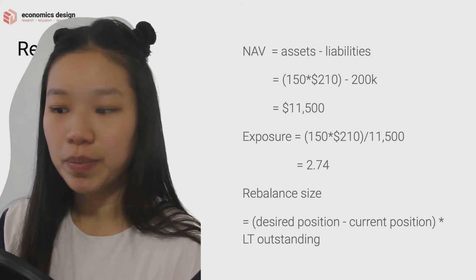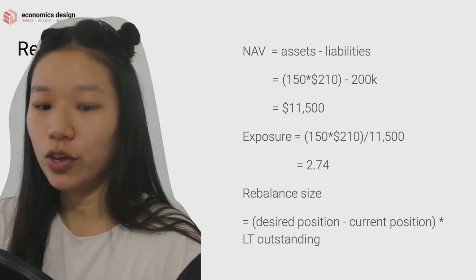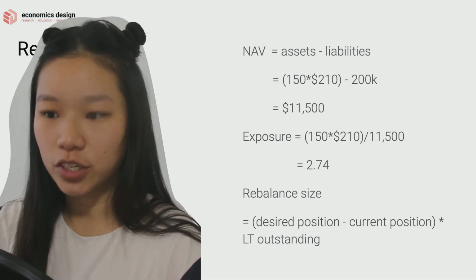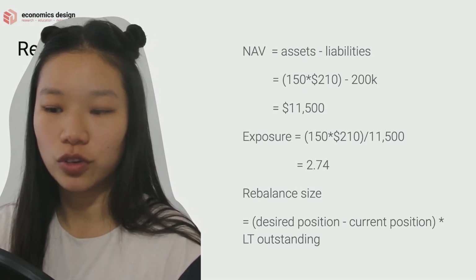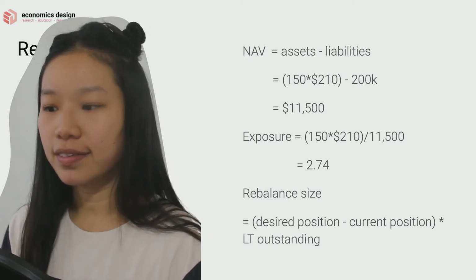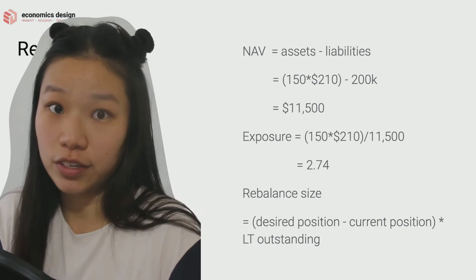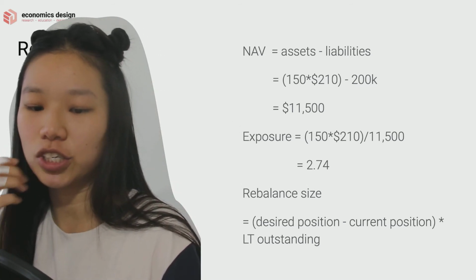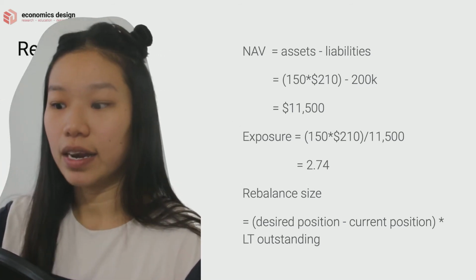That's your desired position. Ideally, to get 3 times leverage, you need 164.2. But your current position is just 150 ETH per token. So your rebalance size is simply 164.2 minus 150, your desired position minus your current position, times the outstanding leverage tokens.